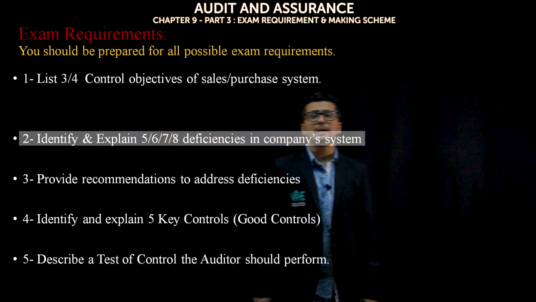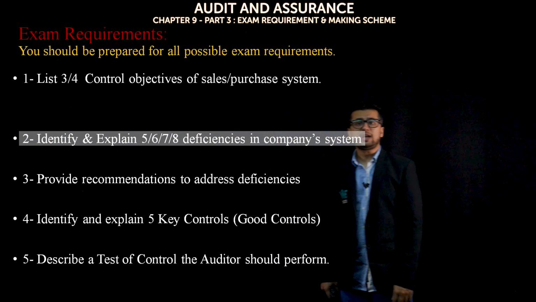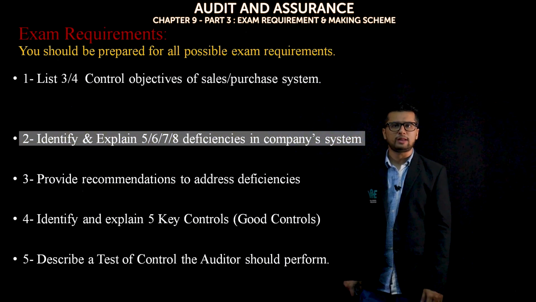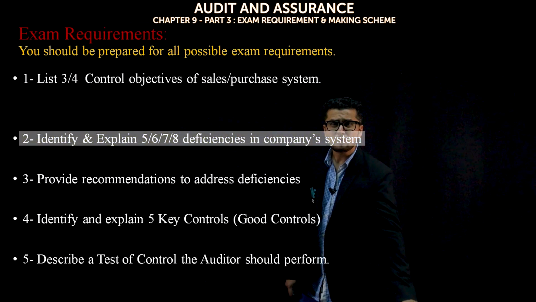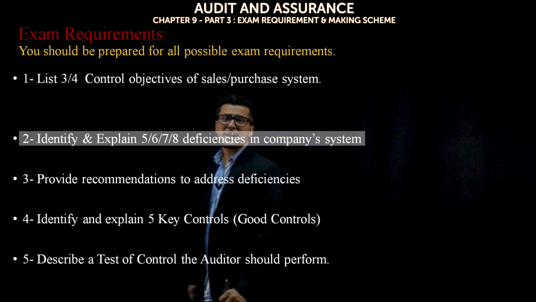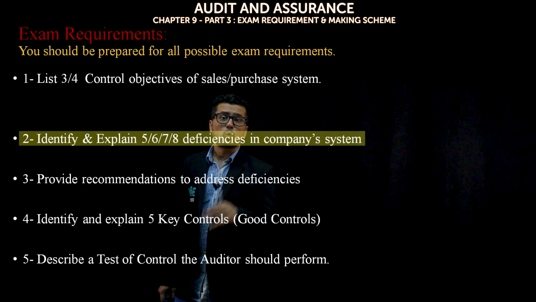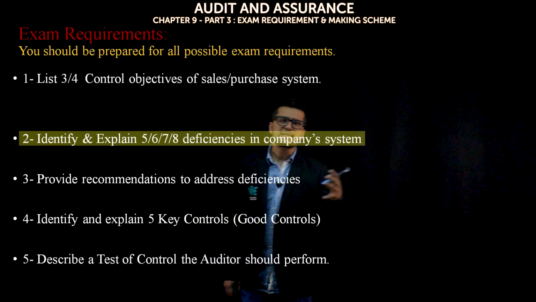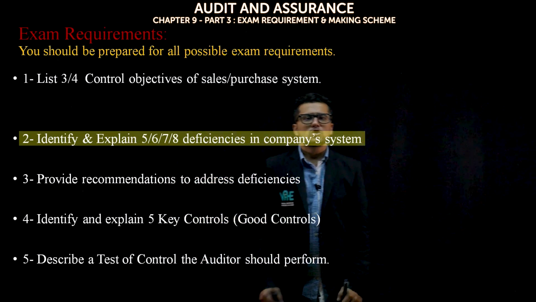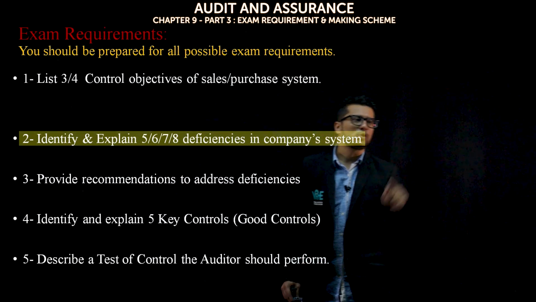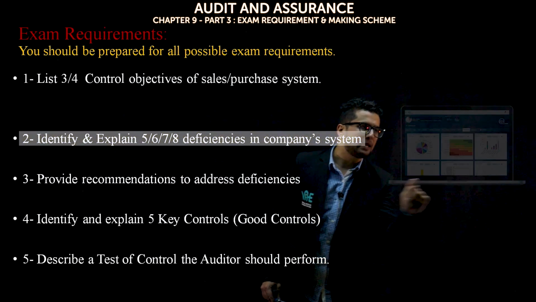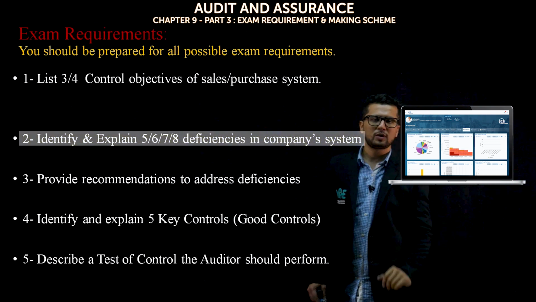The exam requirement number 2, which is a must exam requirement in the exam, is you have to explain 5, 6, 7 or 8 weaknesses or deficiencies in the company's system. So the examiner is going to give you a system, for example, sales system.